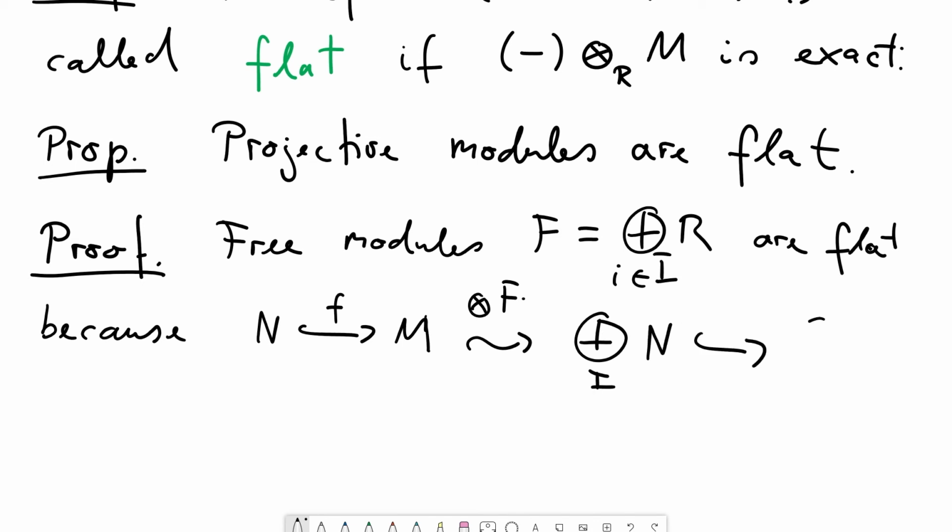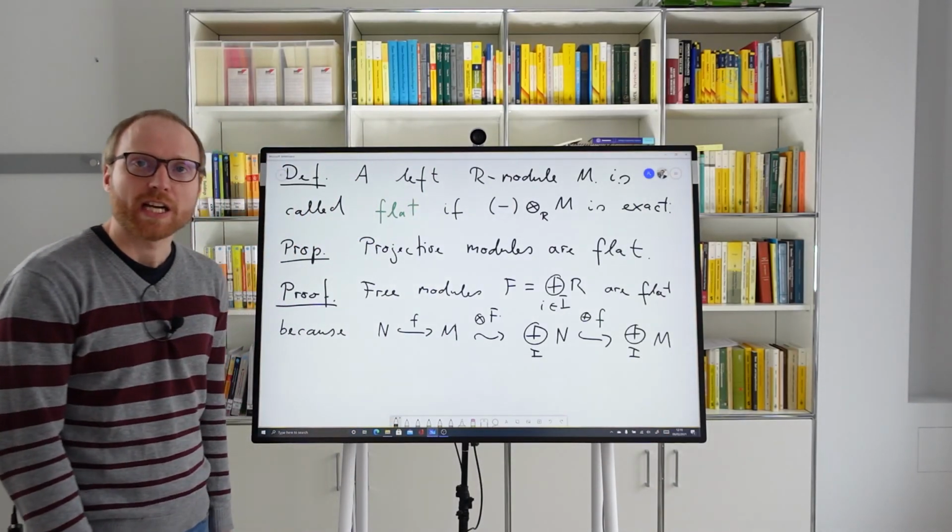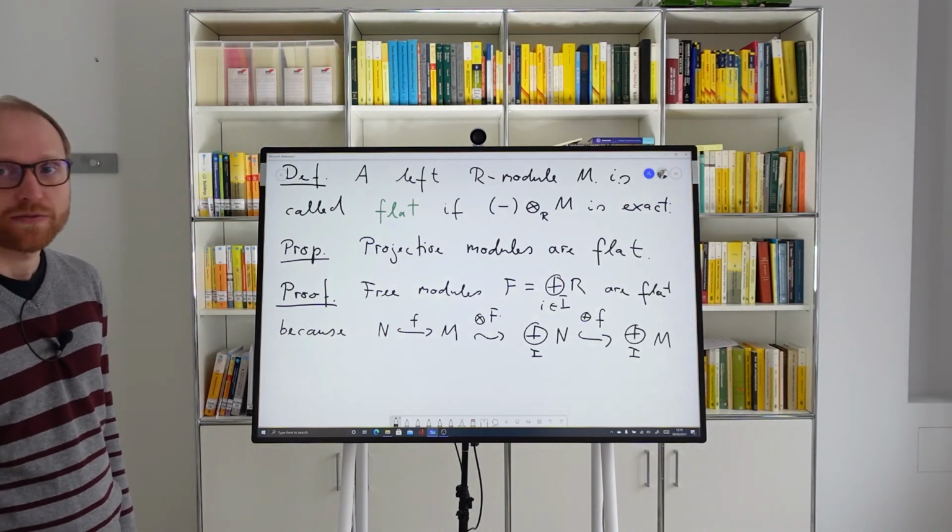And here I get the direct sum of a bunch of M's. And the morphism that this F here actually induces is just the diagonal one. So it's just the direct sum of those, if you want. And if it was injective and I only consider this diagonal homomorphism, then it is, of course, still injective. So injectivity is actually preserved for free modules.